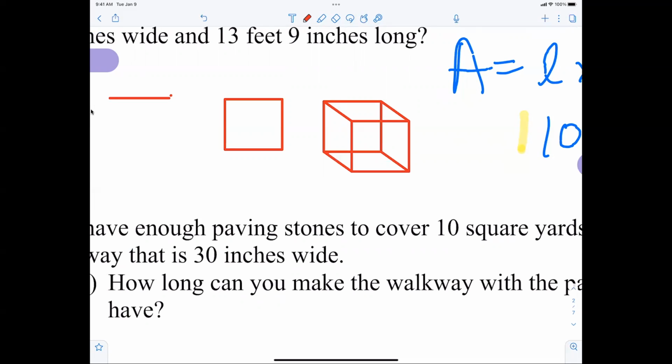That means I could stack 1,000 cubes in this room. All right. You measure volume. You measure volume with cubes. We're going to do a whole unit on area and a whole unit on volume. And you'll understand exactly what I mean. But I'm always upset when I ask kids what's the difference between an inch, a square inch, and a cubic inch? They look at me like I'm crazy.